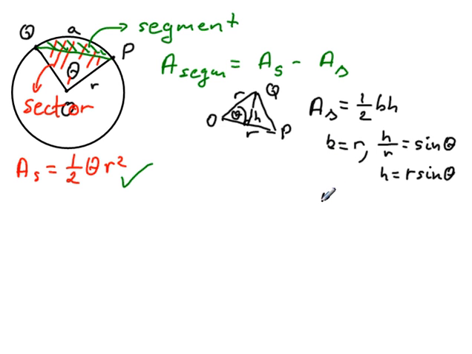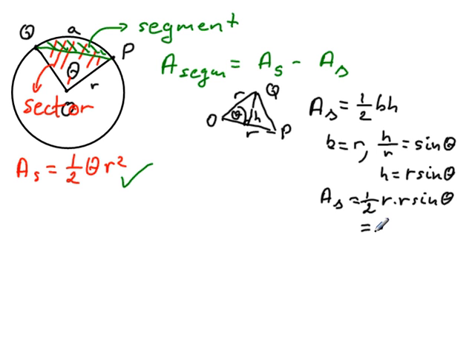So the area of the triangle OPQ can now be expressed by the following formula: 1/2 times base, which is r, times height, which is r sine theta.